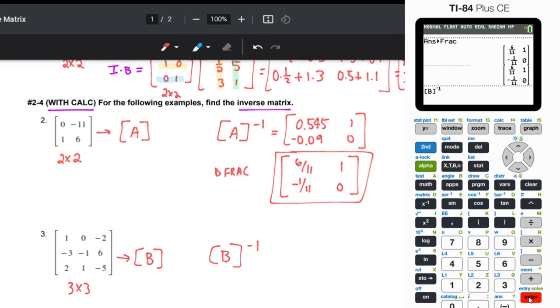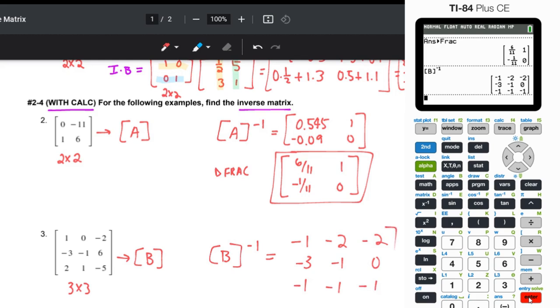And then I hit enter. This time I don't get any decimals, so I'm just going to write this one down. So I have -1, -2, -2, -3, -1, 0, -1, -1, -1. And that's my 3 by 3 inverse matrix.